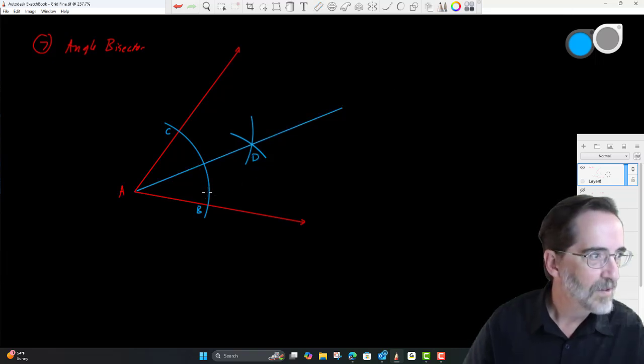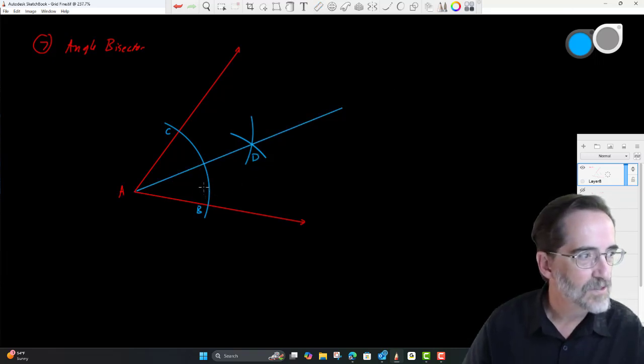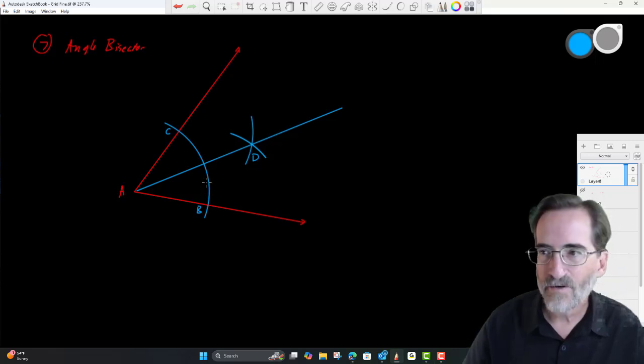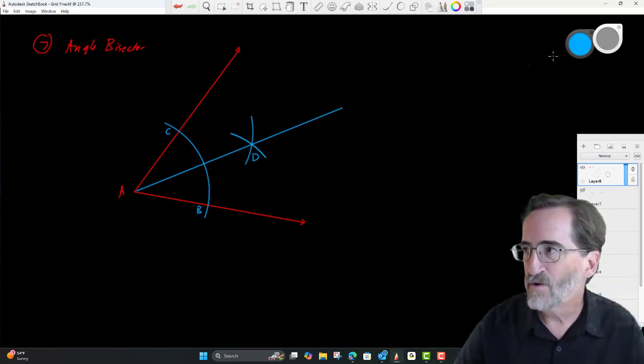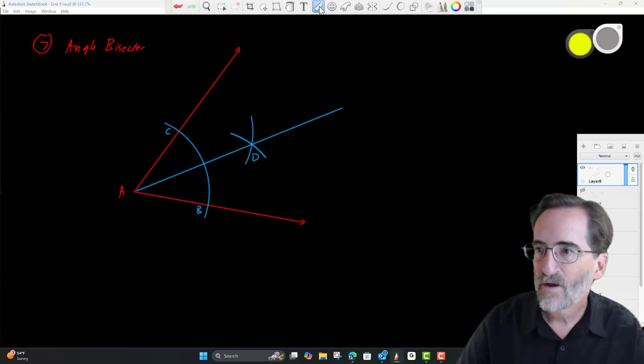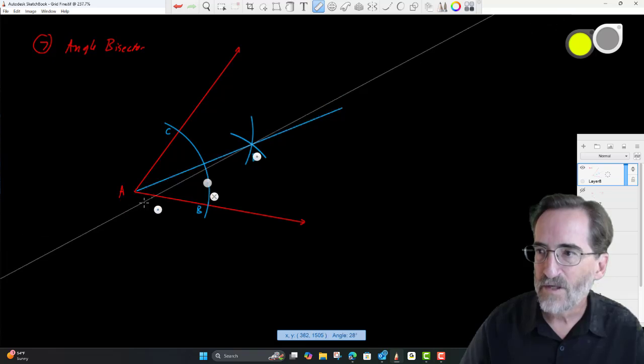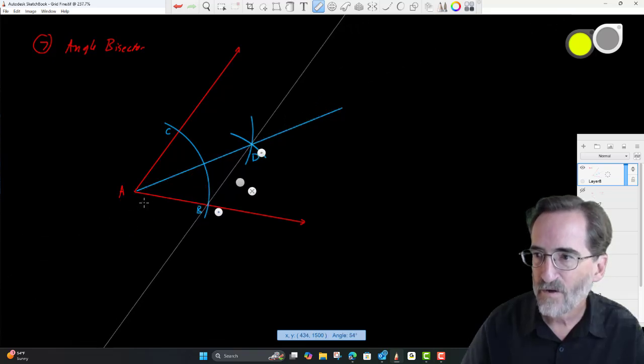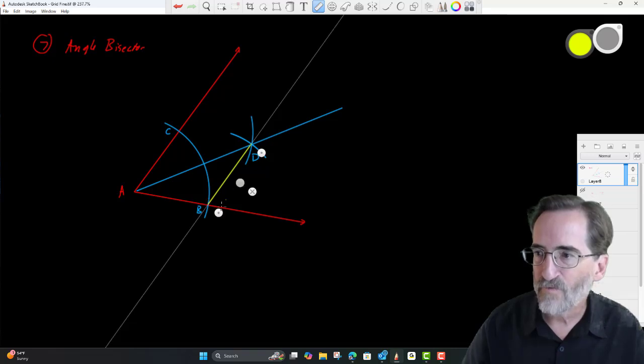Okay. I'm going to draw some auxiliary lines here, and just to note a couple things about this. If we connect B and D, you'll see there's a quadrilateral formed.